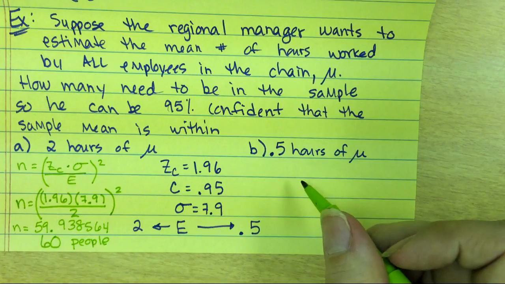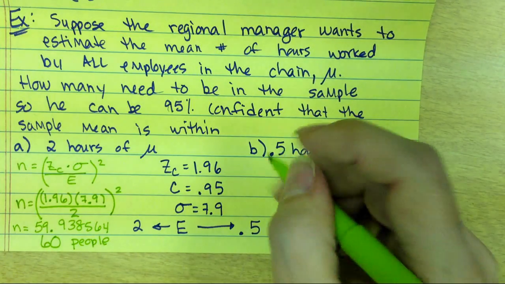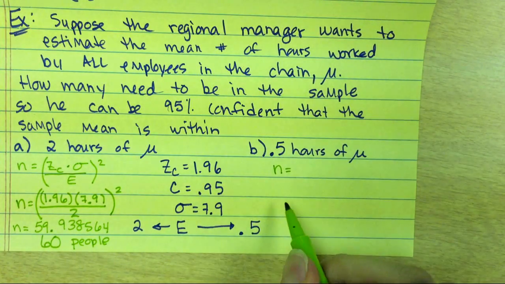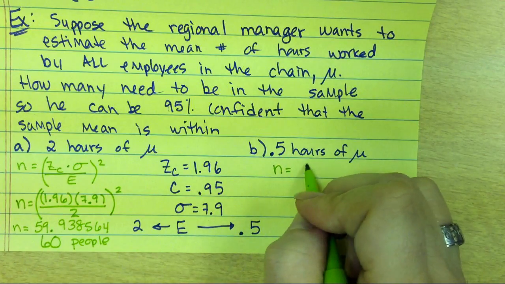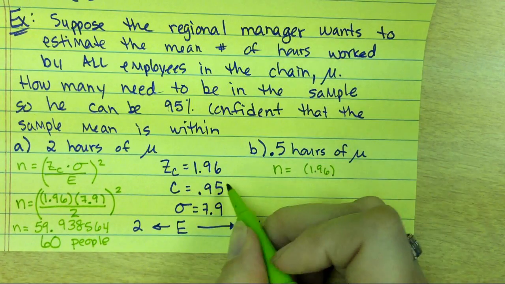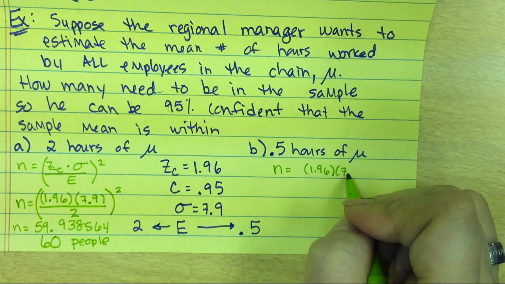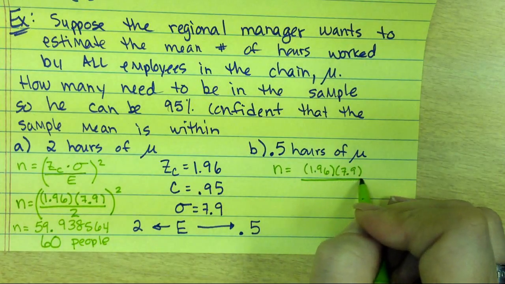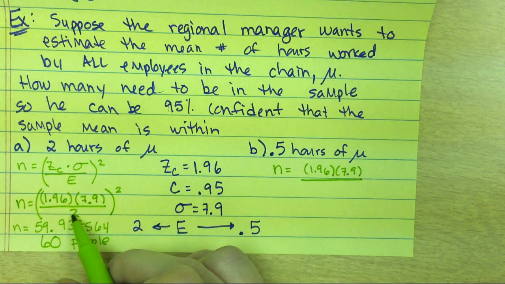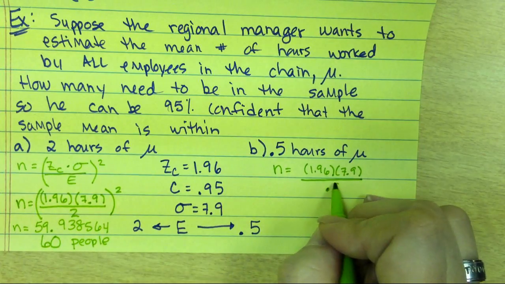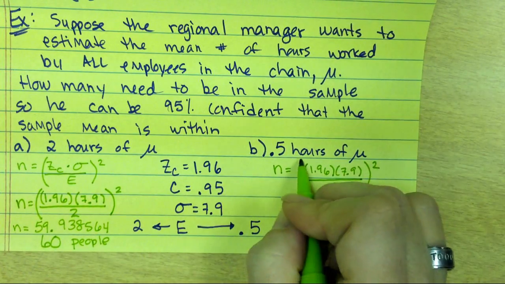Now let's see what happens if I want to be within half an hour of the actual mean. Then n would be, z sub c is the same, 1.96. Sigma is the same, 7.9. What's different is my margin of error. Instead of 2, like it was there, it's going to be 0.5, and then I square it.